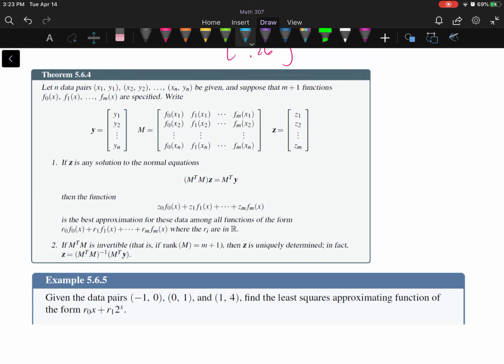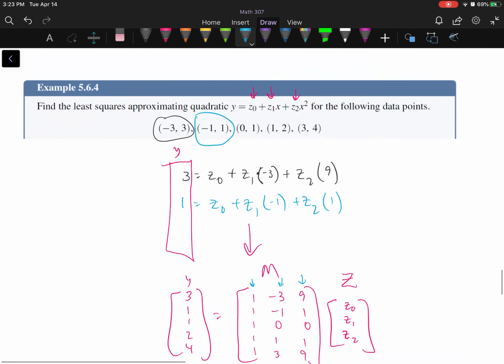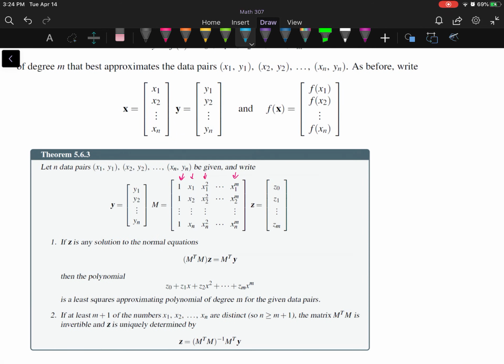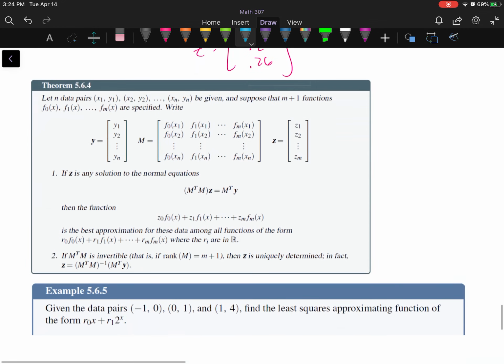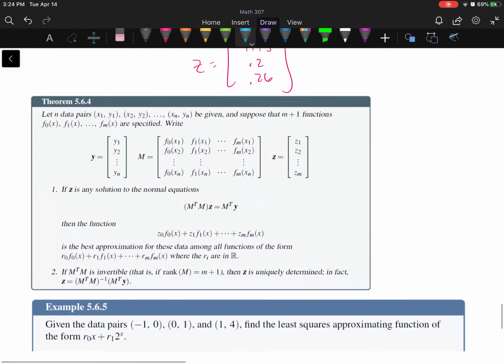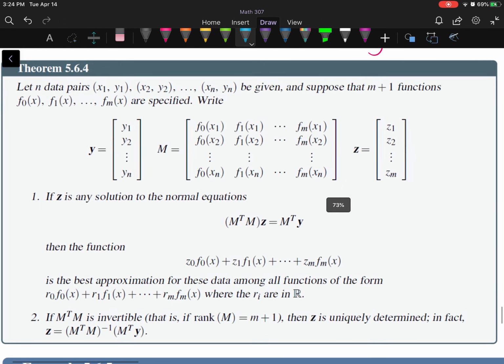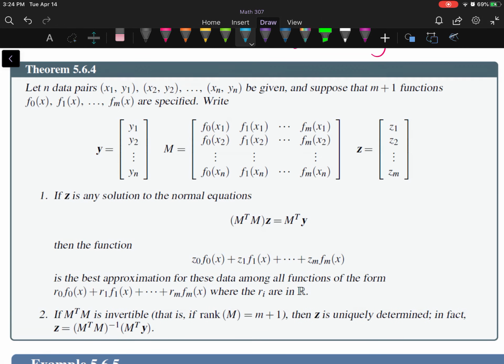Again, so this was basically level 2, finding a polynomial. Level 1 was finding a best fit for a linear equation. Level 3, and our final level for today, will be to take just any functions that you want to. Functions like trig functions, exponential functions, whatever functions you want.